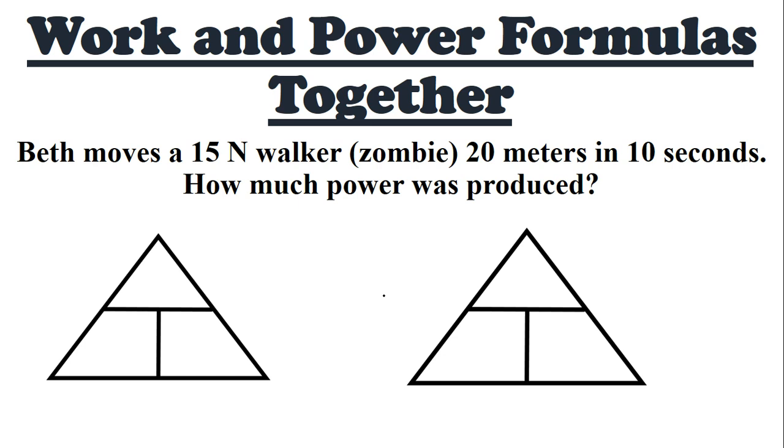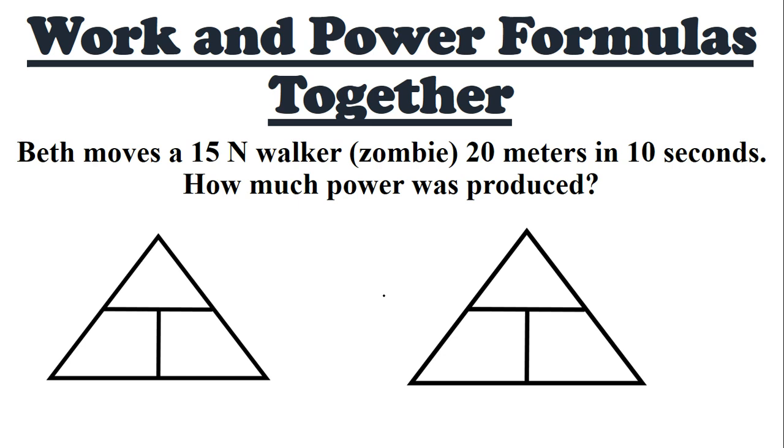Now here's the issue. Since work and power are so related, sometimes you have to do a two-step problem. If you read the question, it says Beth moves a 15 Newton walker, also known as a zombie, 20 meters in 10 seconds. How much power was produced?